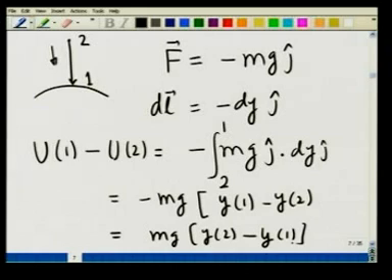Now you notice in the previous slide I had obtained u2 minus u1 as mg (y2 minus y1), and now I'm getting u1 minus u2 as mg (y2 minus y1).